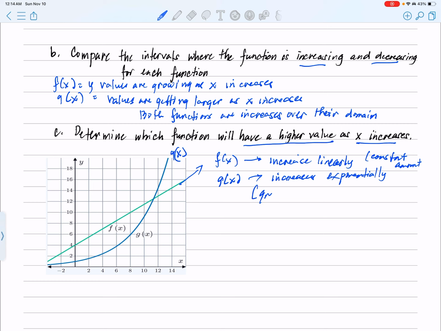It grows by a constant percentage. So g of x will have a higher value as x increases.